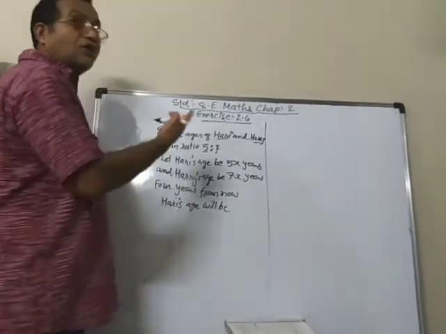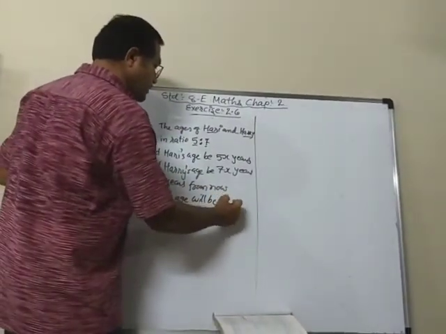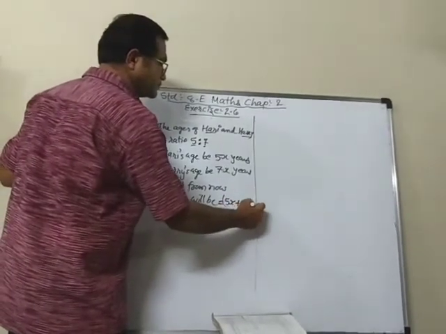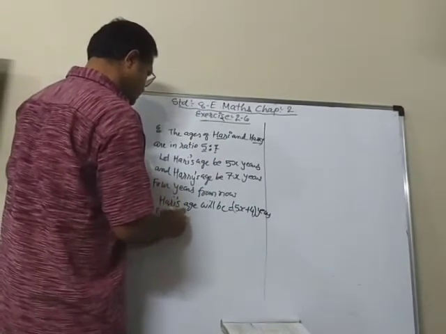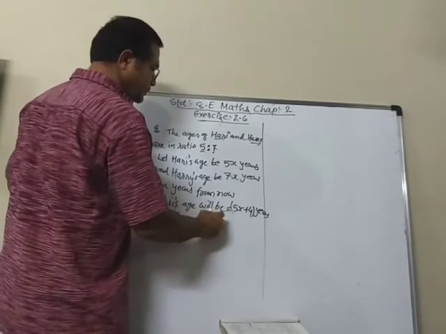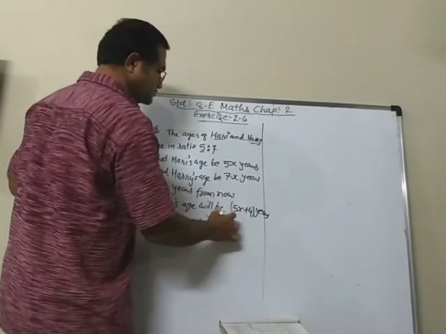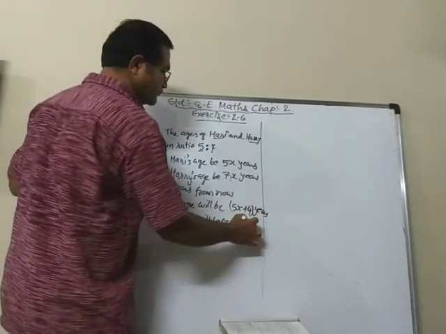We have to add 4 in it. So it is equal to 5x plus 4 years. And Harry's age will be how much? 7x plus 4 years.